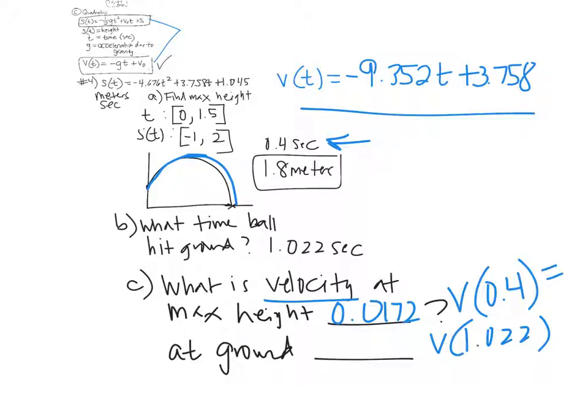Ooh, and you get negative 5.8. And this should be in meters per second. Velocity is a speed, but it can be negative. And the reason the velocity is negative is because it's going down to the ground. Boom. And it's going pretty fast when it hits the ground, negative 5.8. It picked up all that speed on the way down. It was going up at a speed, and then it reached 0 velocity, and then it's catching up and going down faster and faster until it hits the ground.